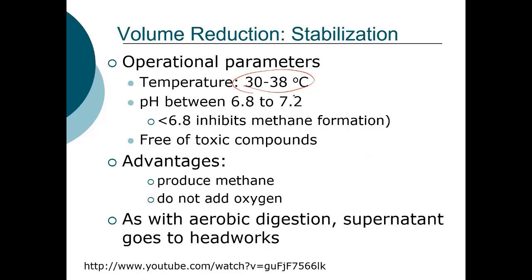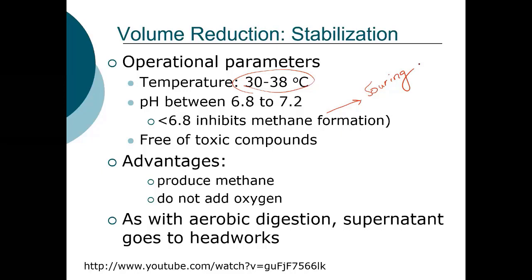pH needs to be between 6.8 and 7.2. If it's less than 6.8, it results in what is referred to as souring. Souring of the digester means that the methane formation is inhibited. The contents of the digester become acidic, and that is a significant problem.